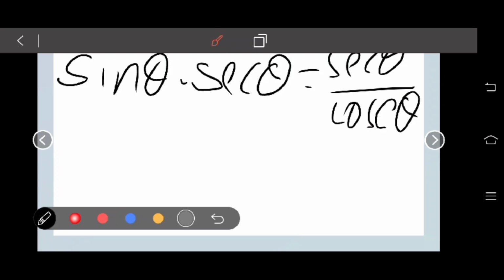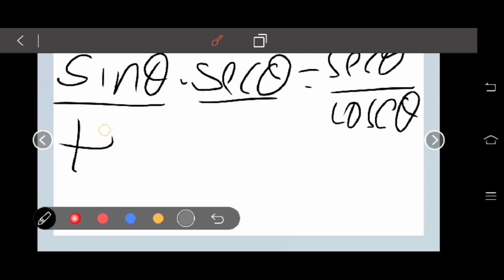Tan is sine by cos. When you are multiplying, cos will become its reciprocal. What is the reciprocal of cos? Secant. But when you divide those two, you will get secant theta by cosecant theta. Why cosecant theta? Because sine is the opposite.